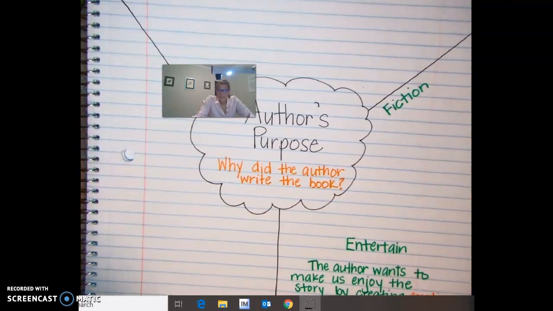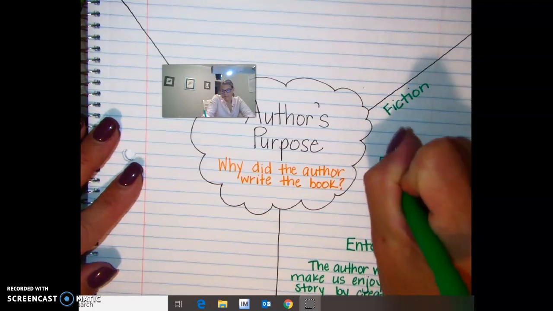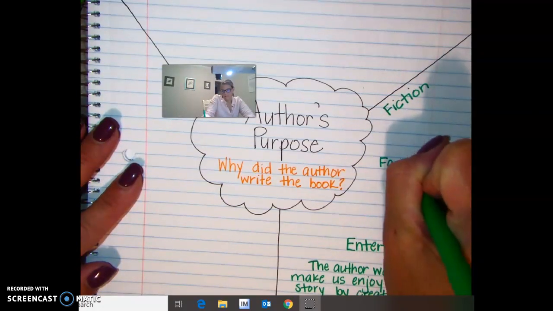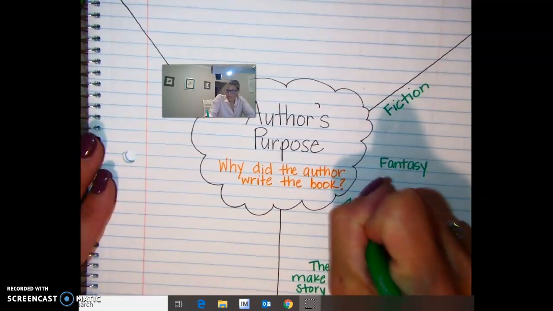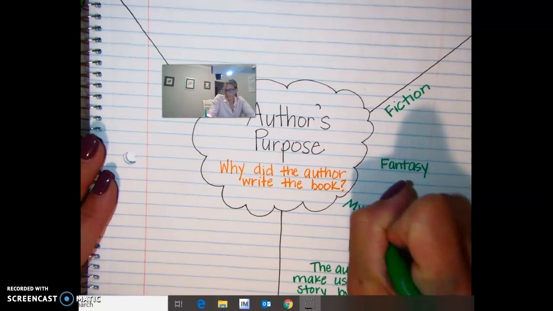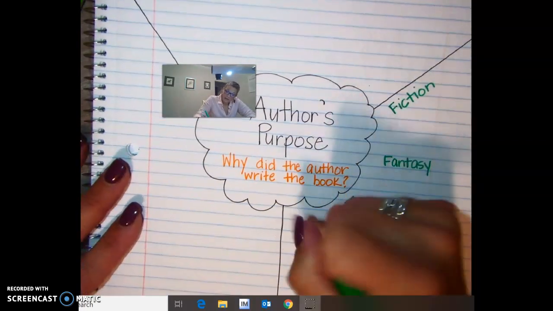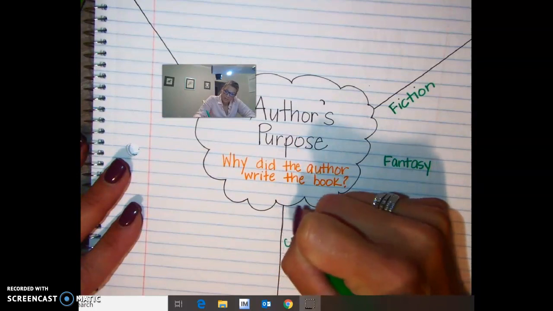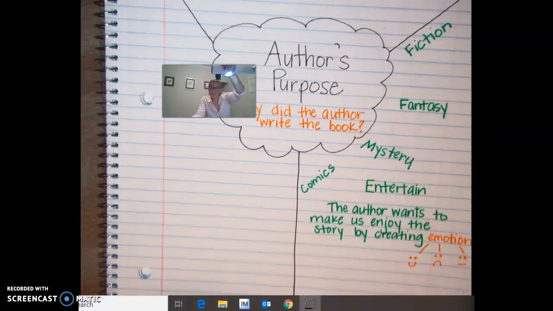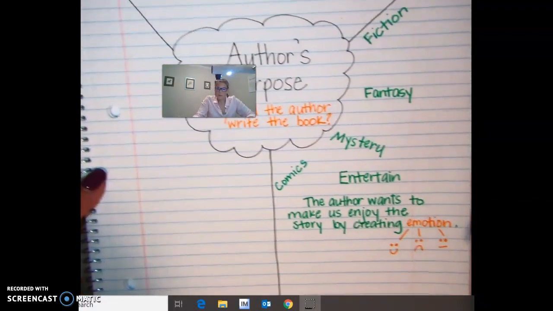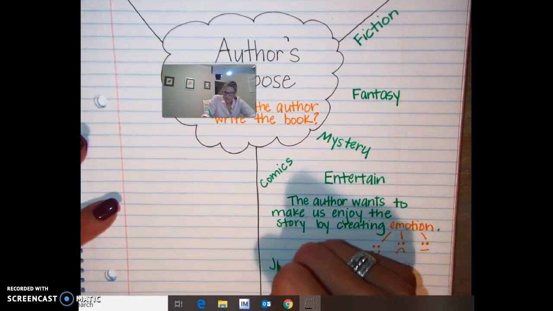And some of those different types of fiction are fantasy, they might be mystery, it might be a comic book. I know somebody already in their reader's notebook this week who told me about a joke book they read. It could be a joke book, so maybe jokes.